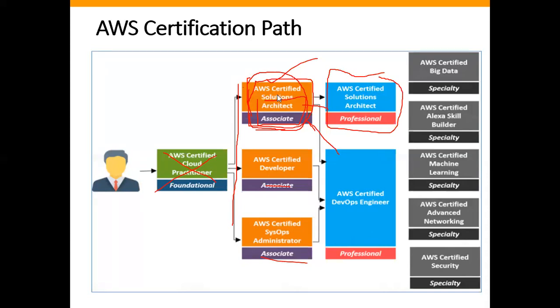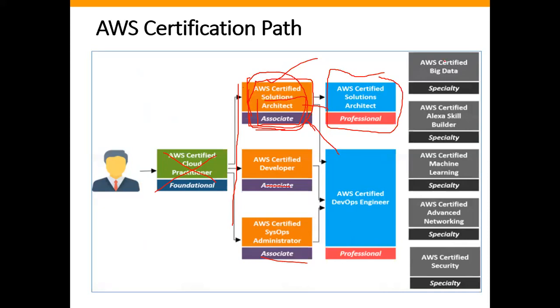We don't require much depth. But if you already have AWS and Linux knowledge, it will definitely help. And which one should I go for, AWS Certified Solutions Architect or AWS Certified SysOps Administrator?